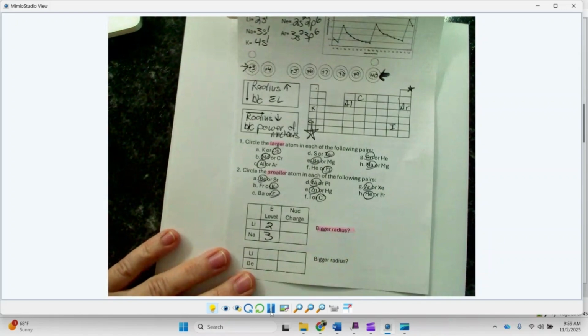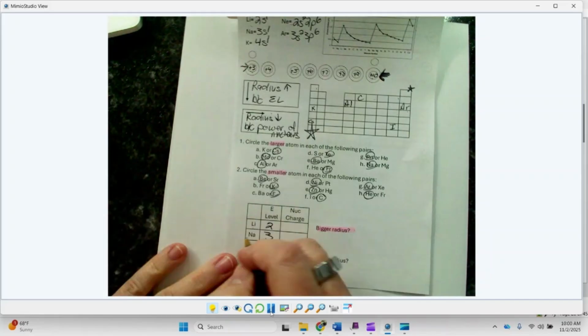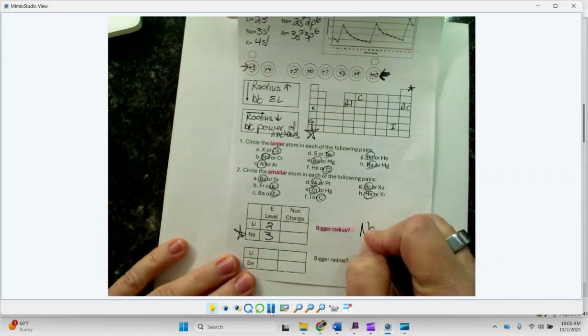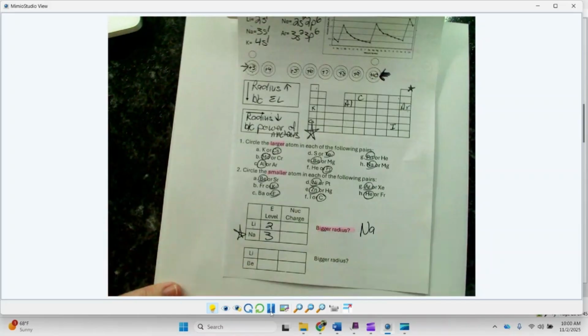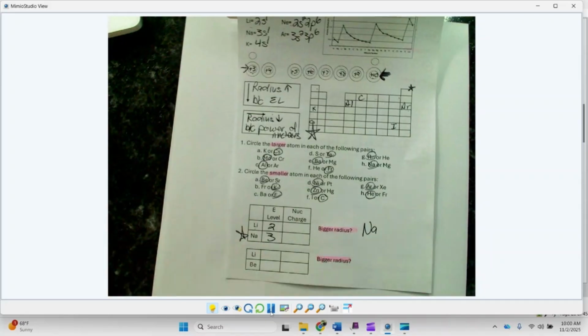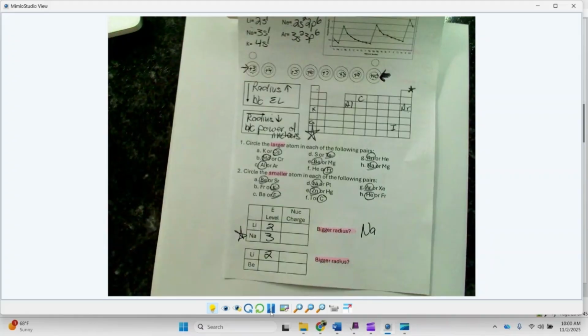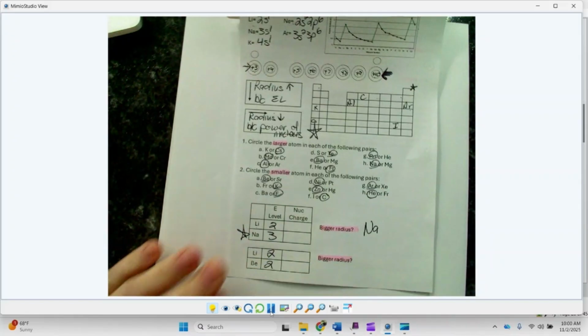From that, can you tell who would be larger? 2 layers versus 3 layers. 3 layers wins, sodium would be the larger. Now, the next question, still wanting bigger radius, wants you to compare lithium, which still has 2 energy levels, but this time beryllium also has 2 energy levels.